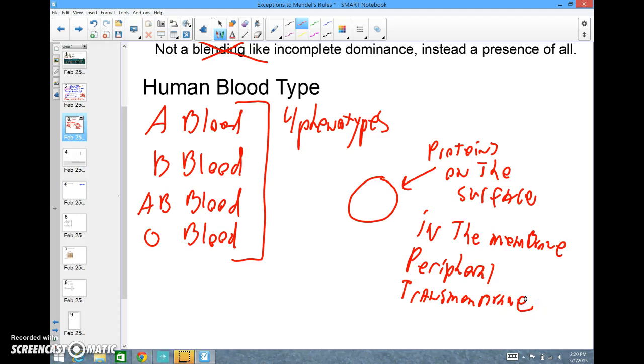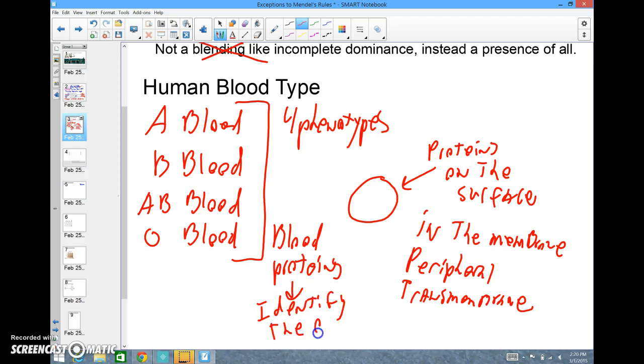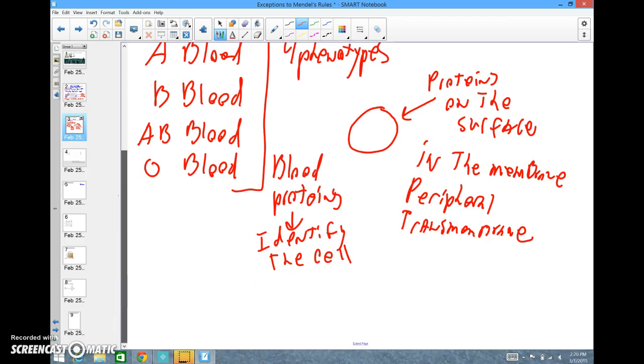But the key here is that these blood proteins are used to help identify the cell. We mentioned that one of the most important things when doing cell membrane structures and the way your immune system works is that your body needs to be able to tell the difference between self and non-self.